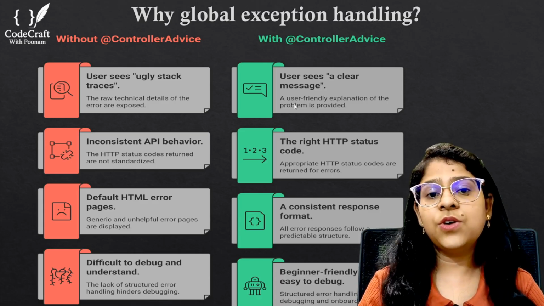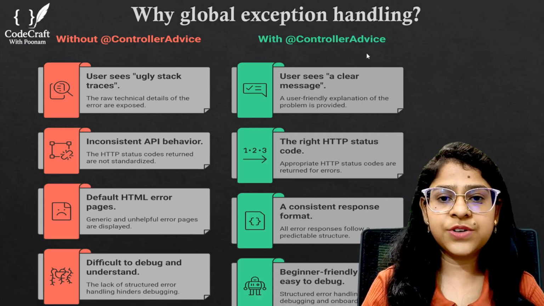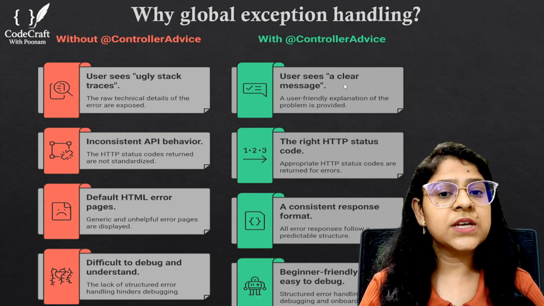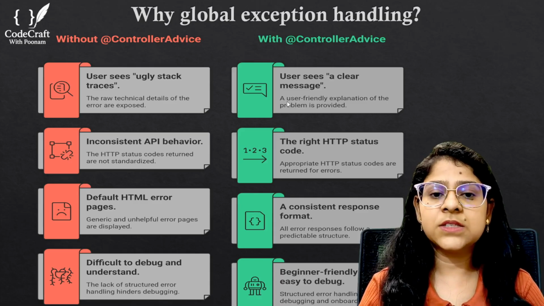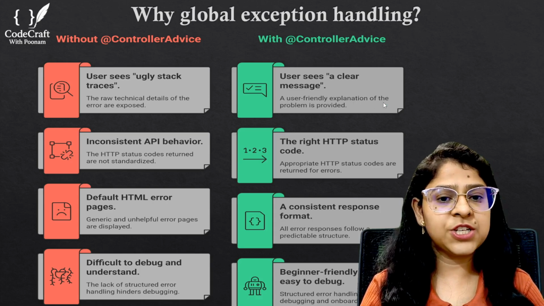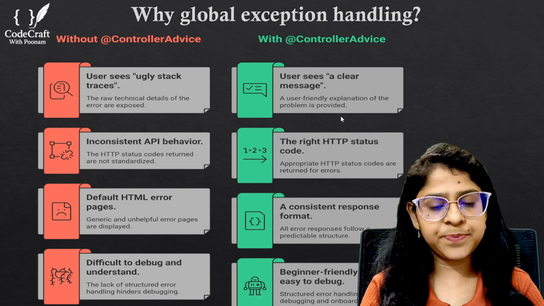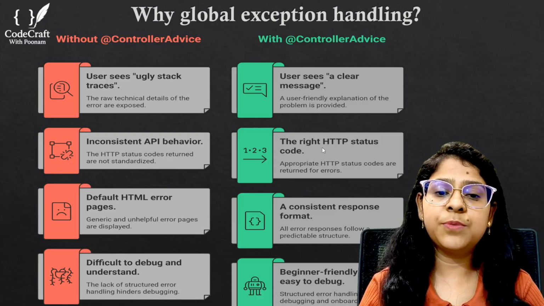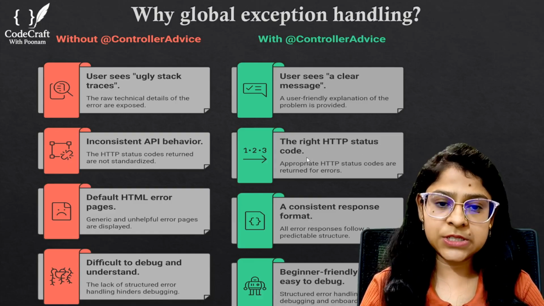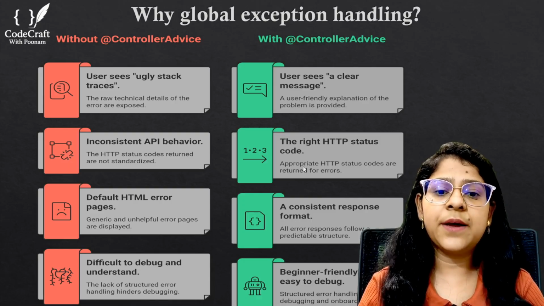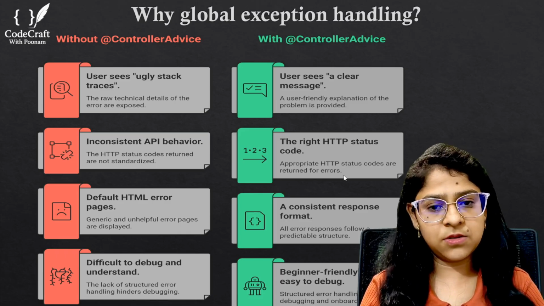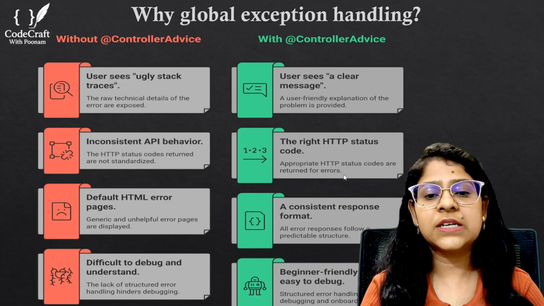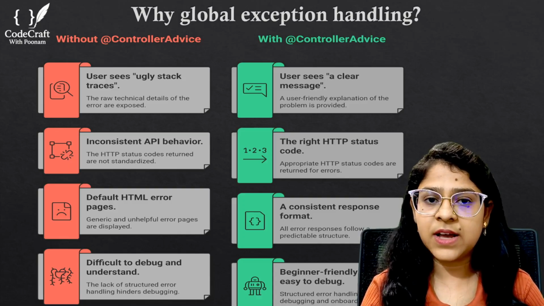Okay, so if you use @ControllerAdvice, then the user can see a clear message when an exception occurs. A user-friendly explanation of the problem is provided. Then it will provide the right HTTP status code, so appropriate HTTP status codes are returned for errors, so that you can easily understand what type of error has occurred.